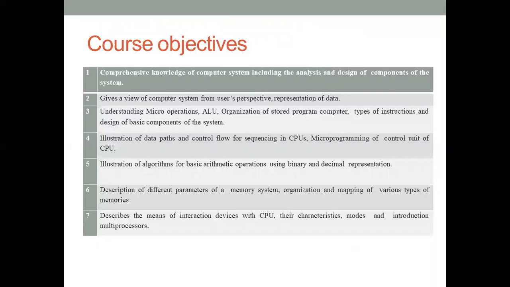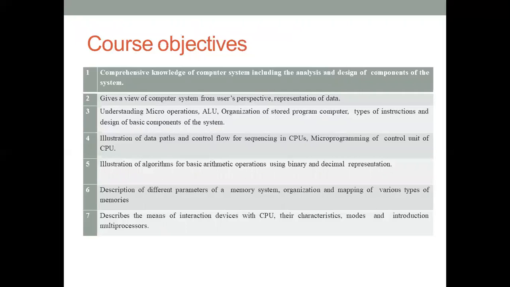Coming to the course objectives, the following are the course objectives. The first objective of the course is to gain comprehensive knowledge of the computer system, including its analysis and design of components of a system.